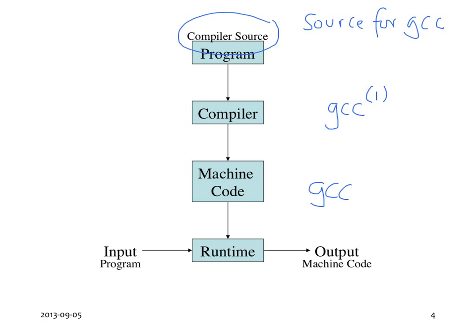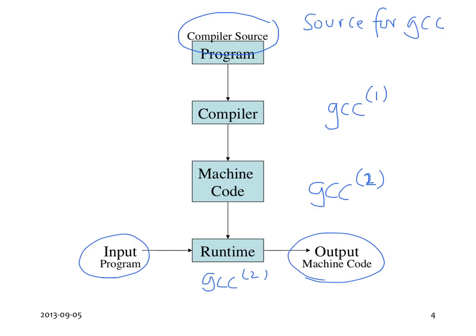It's a compiler for the source for GCC, and it's going to create a new compiler. Let's call it GCC2. It's the same name because it's creating this program called GCC. The runtime here would be GCC2 running, taking in programs and producing binary files.